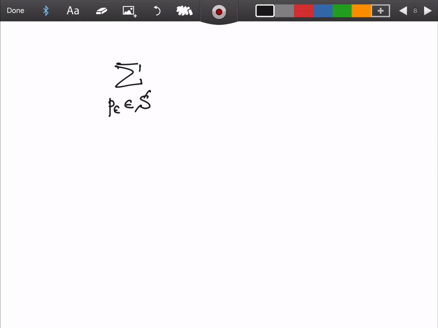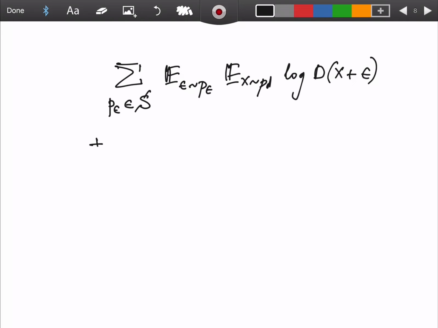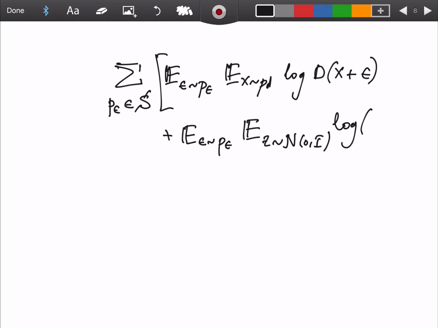I will write a sum over S, expectation of epsilon coming from P epsilon, expectation of X coming from PD, log D of X, but it's not D of X now, it's D of X plus epsilon, plus the expectation over epsilon from P epsilon, Z coming from our noise distribution, log of 1 minus D of G of Z plus epsilon.